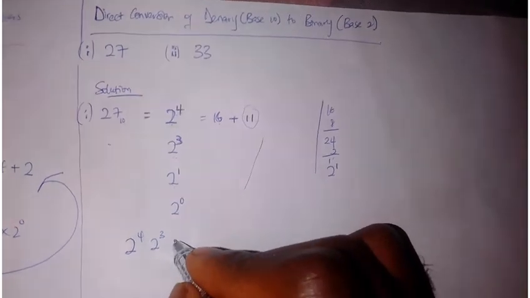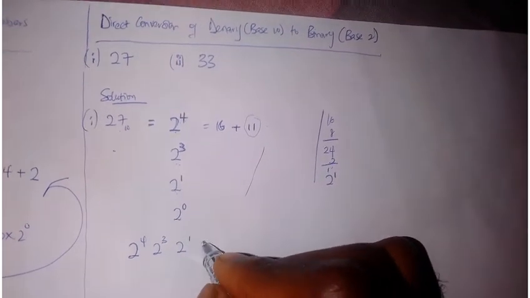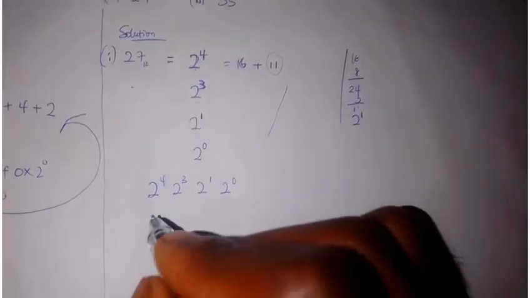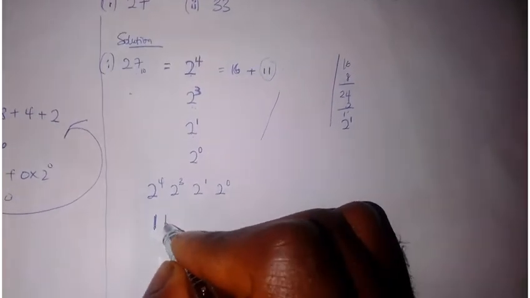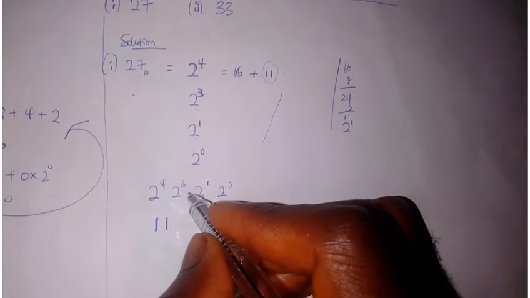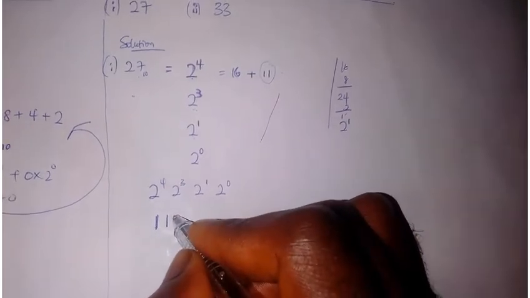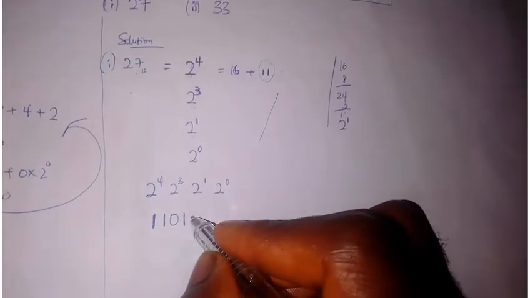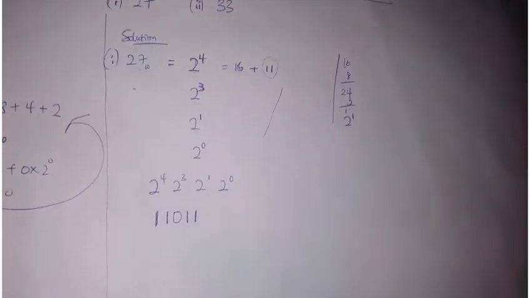There's no 2 raised to power 2, so let me just write 2 raised to power 1 and 2 raised to power 0. Now, what is the answer in binary? This is 1, 1. There's no 2 raised to power 2, make that 0. There's 2 raised to power 1, 1. There's 2 raised to power 0, 1.